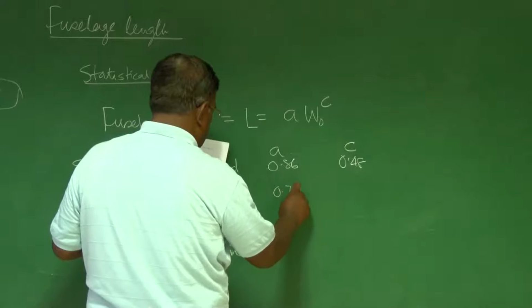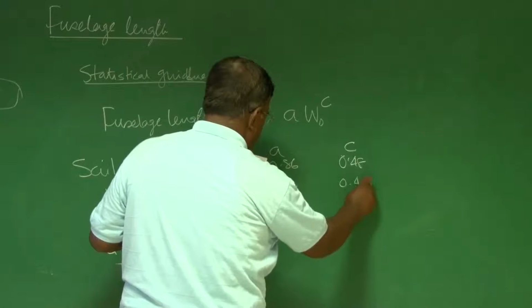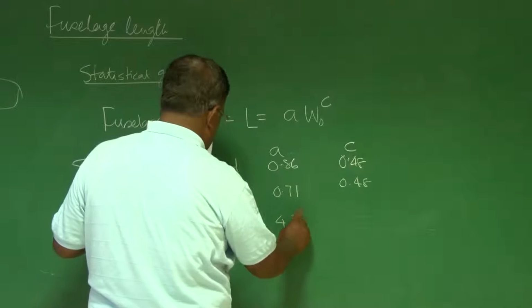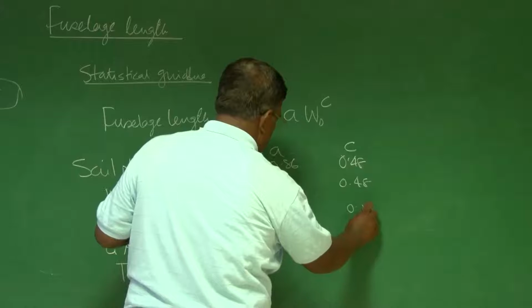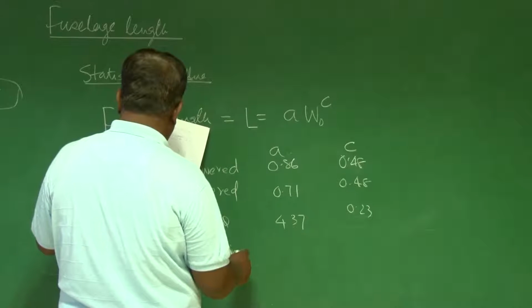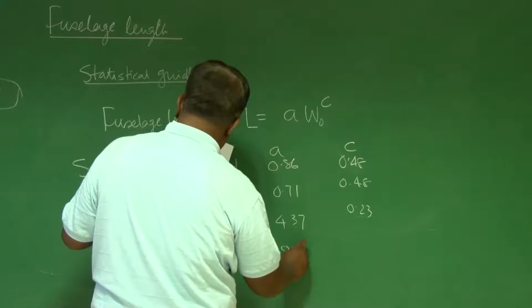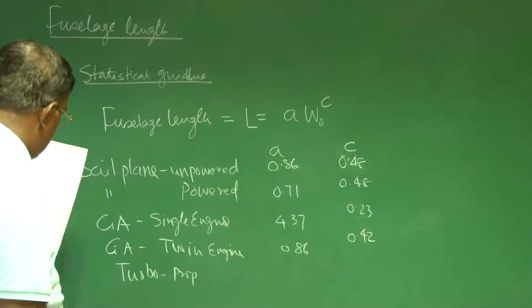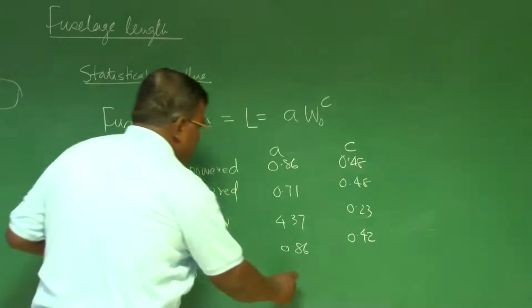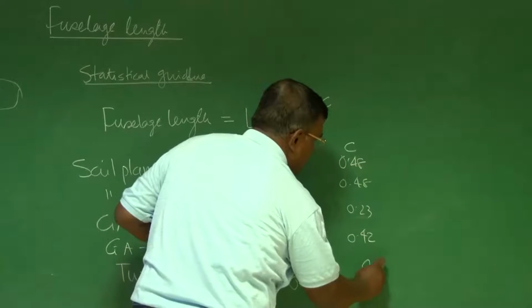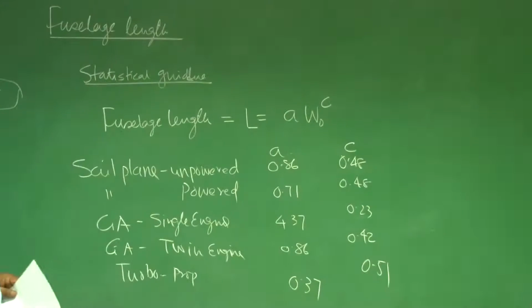For powered it is 0.71, 0.48. For general aviation single engine it is 4.37 and 0.23. And then for twin engine it is 0.86, 0.42, and for turboprop it is 0.37, 0.51. These are statistical numbers, and this gives excellent correlation.